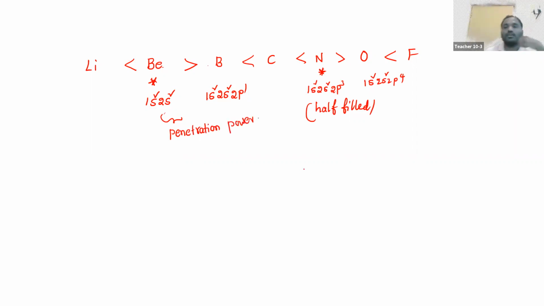These are the exceptions. They are giving this sequence, students. With reasons, if you prepare now, it's not difficult to remember.